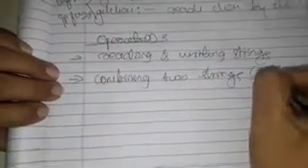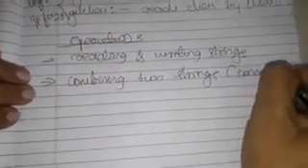Just now we have seen reading and writing strings. Next to that is combining two strings, that is nothing but what we also call concatenation of two strings.